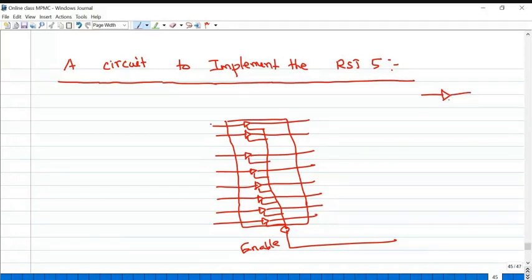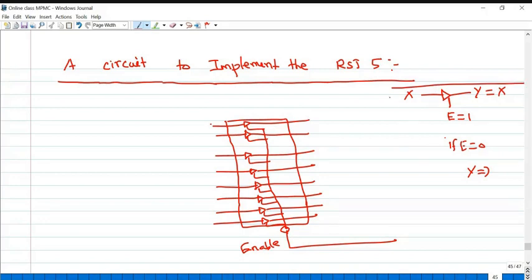Say for example, this is the enable input. If enable equals 1 and we give x here, then the output of this buffer equals x. If enable equals 0, the output y is in the high impedance state. The y is neither connected to 0 nor connected to 1. This is the high impedance state. That is a tri-state buffer.